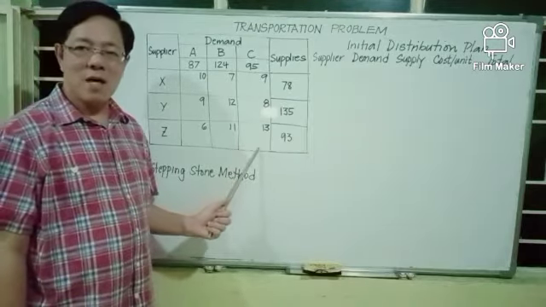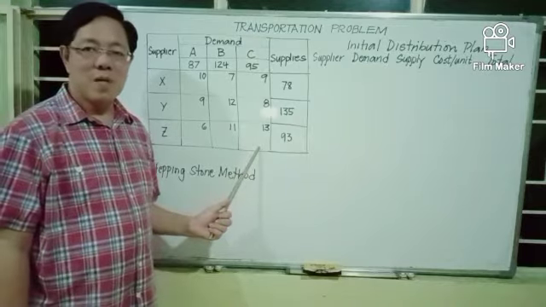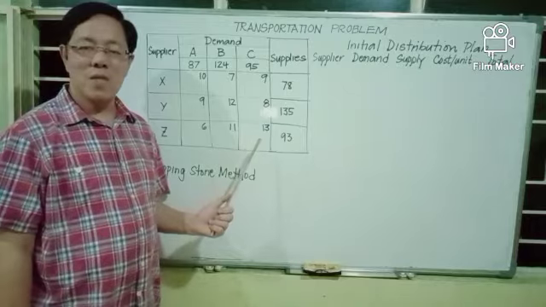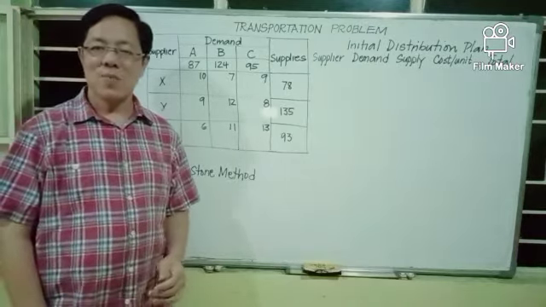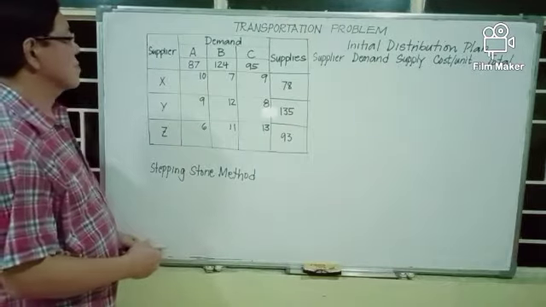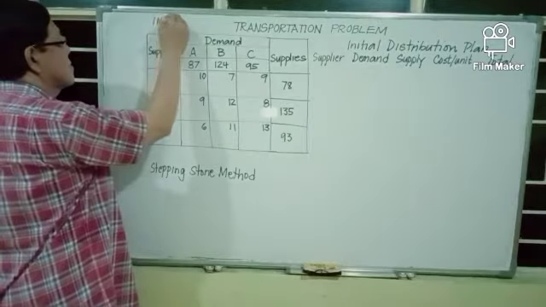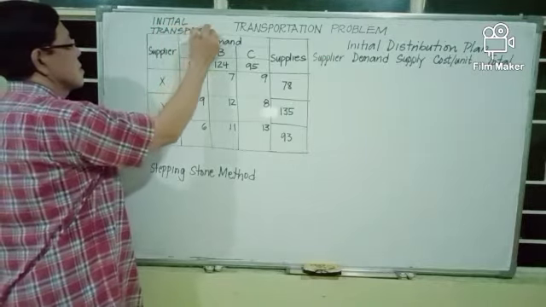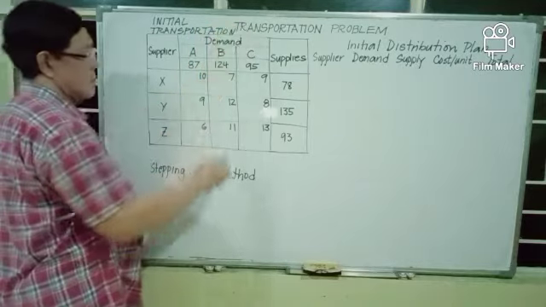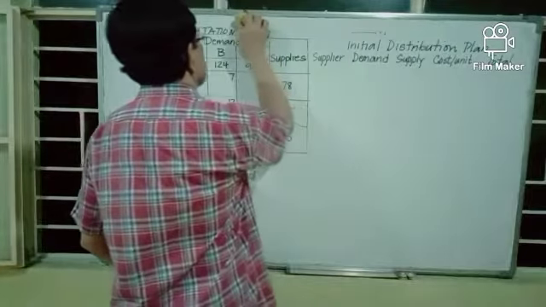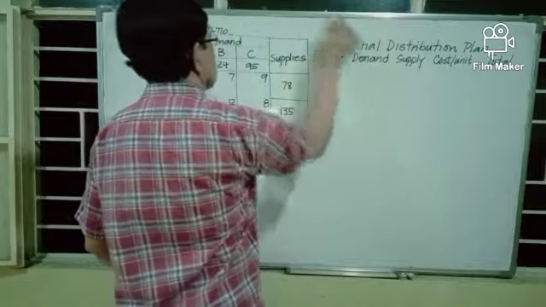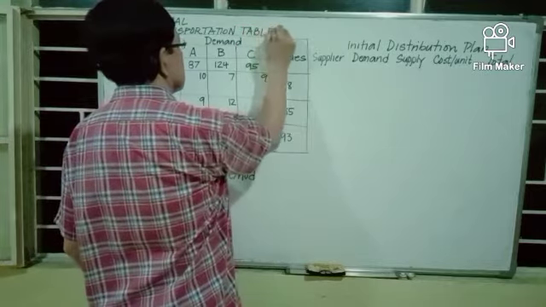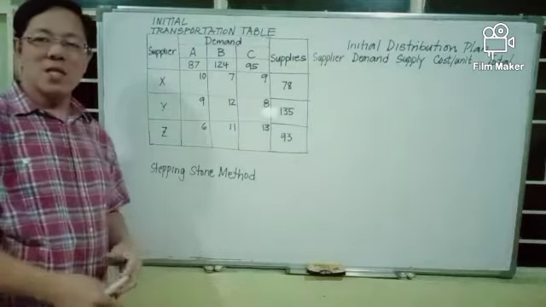Since we have already checked that this is a balanced transportation problem, this given table is our initial transportation table.